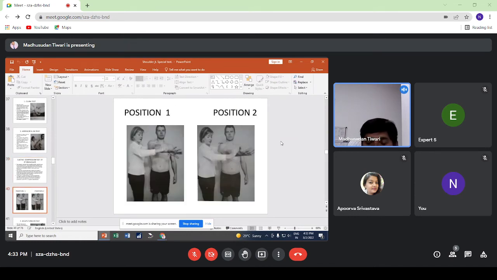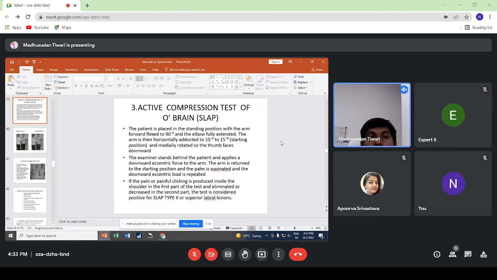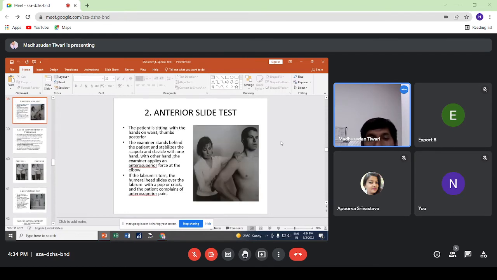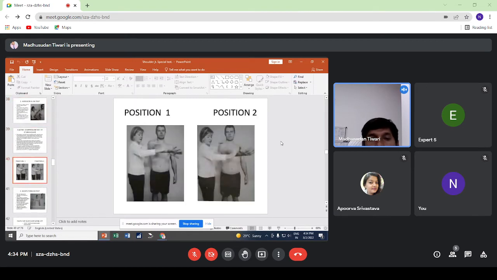See, this is the position, position 1 and 2. The patient is instructed to stand with the arm forward flexed to 90 degrees and the elbow fully extended. The arm is then horizontally adducted 10 to 15 degrees from the starting position and medially rotated so the thumb faces downward. See, this is the position.